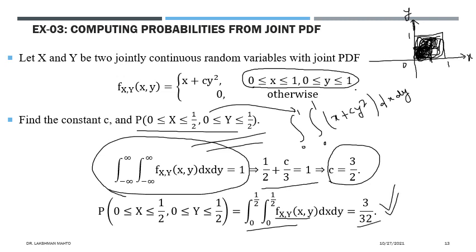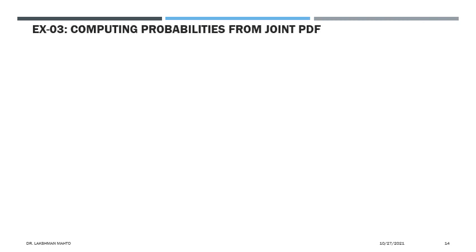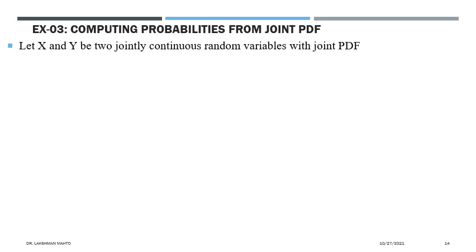So this one was also one of the simplest kinds of problems. Now the third problem would be a little bit tricky. Here again we are taking x and y as jointly continuous random variables with joint PDF c times x square y, where y is taking a value between 0 to 1, and there is one more additional condition.